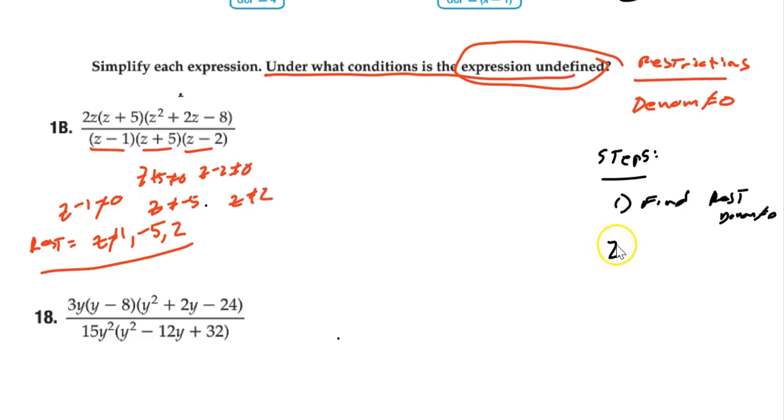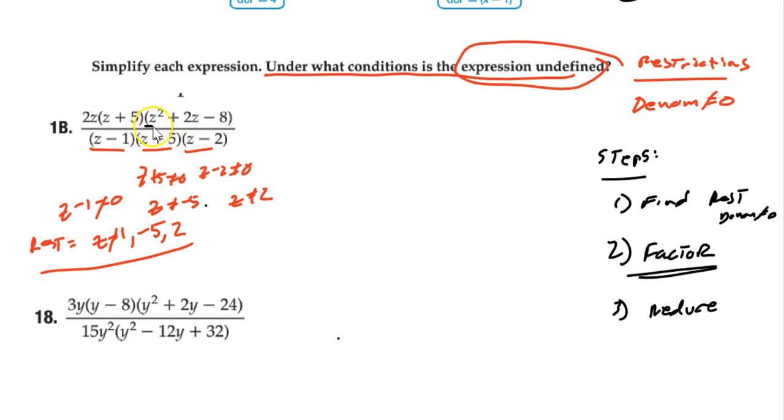And then we're going to do everybody's favorite thing in the world. We're going to factor. Then we're going to reduce. So in this case, I found my restrictions, so I can't divide by 1, can't divide by negative 5, can't divide by 2, because that would make any of these 0 on the bottom, and I can't do that.